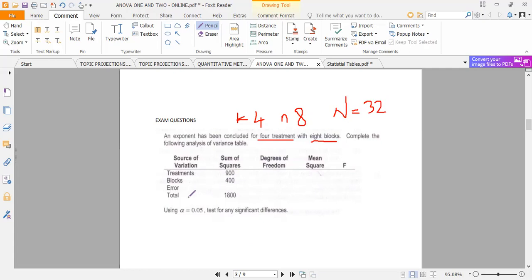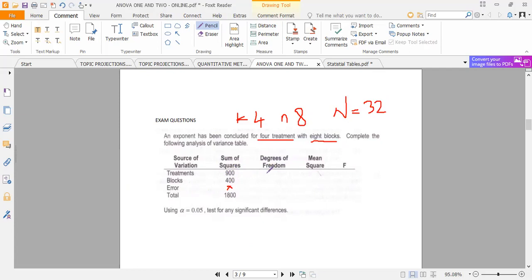So to get the sum of square error, we add this and we subtract from the total. So 900 plus 400, subtract from 1800, you put your figure here.